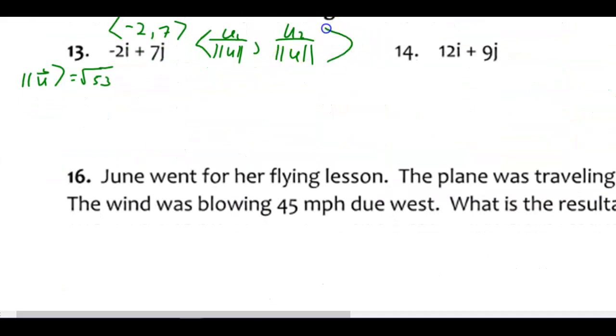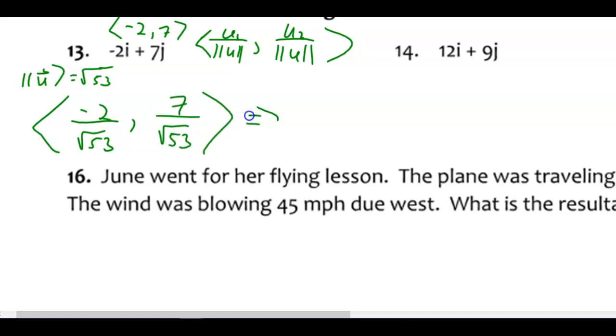So now I just need to write my values over the magnitude. Now, I know you already thought about it. You can't have a radical in the denominator. Yeah, absolutely. So we're going to rationalize this. If you remember how to do it, you move the radical, the square root of 53, to the top.